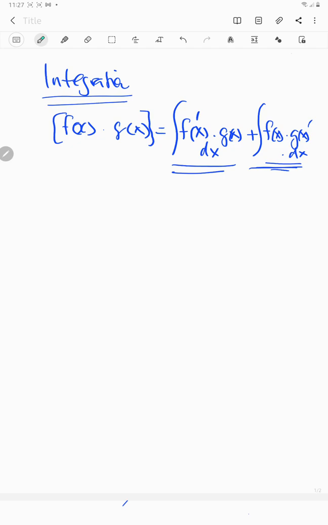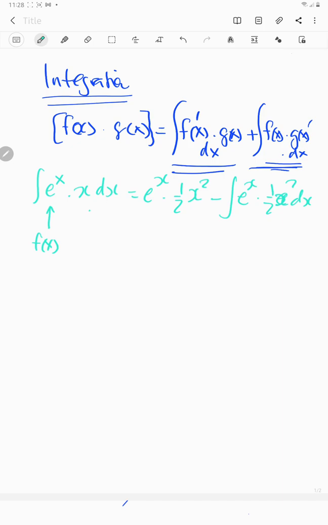I have the integral of e^x multiplied by x dx, equal to e^x multiplied by half x squared, minus the integral of e^x multiplied by half x squared dx, where this is f(x), this is g'(x), this is f(x), this is g(x), and this is f'(x), and this is g(x).